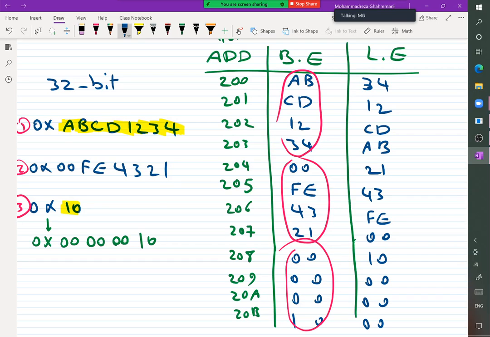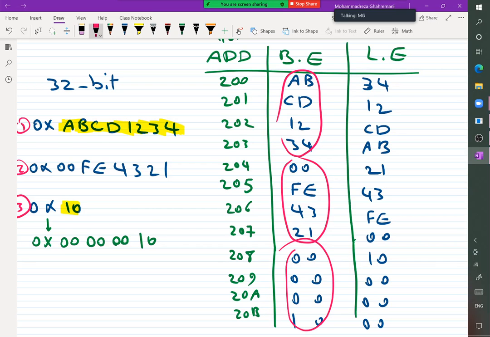This is the way we store our numbers in Little Endian. But what are the advantages and disadvantages? I'm going to tell you the advantages and disadvantages.